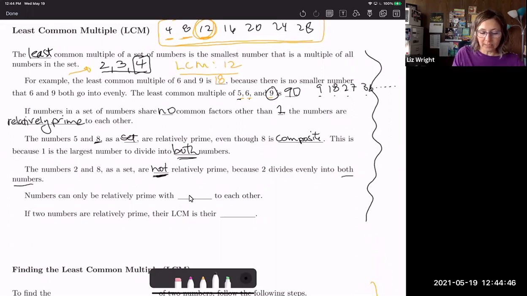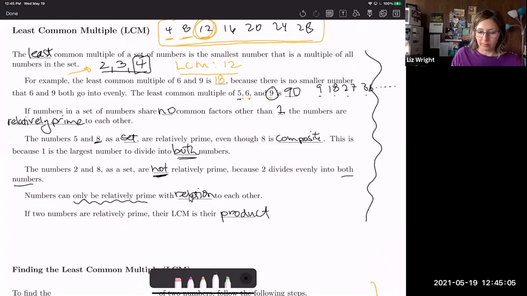Numbers can only be relatively prime in relation to each other. And if 2 numbers are relatively prime, their lowest or their least common multiple is their product.